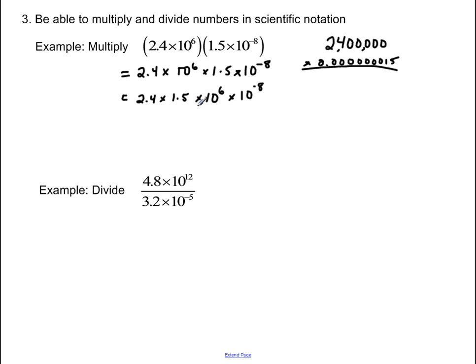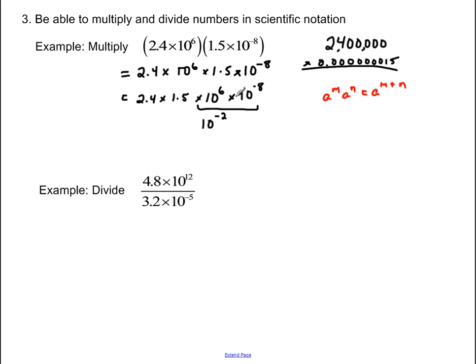Well, right here, these two are really easy to handle, right? 10 to the 6th times 10 to the negative 8th is going to be the same thing as 10 to the negative 2. Take a moment, go back to your rules, and look at why. A to the m times a to the n is equal to a to the m plus n, and it doesn't matter if the base is 10.